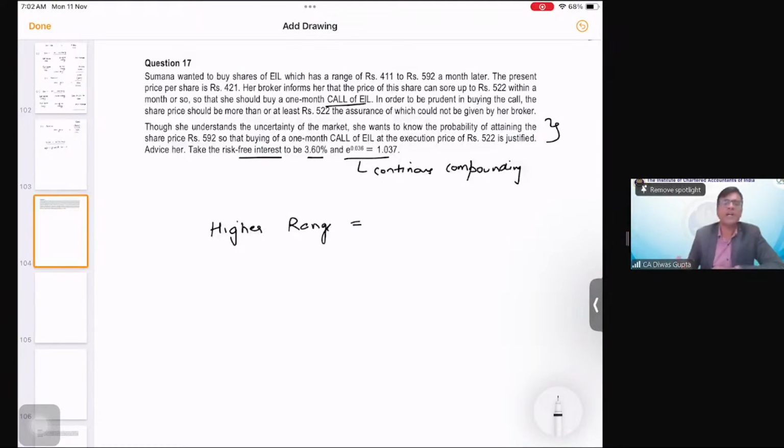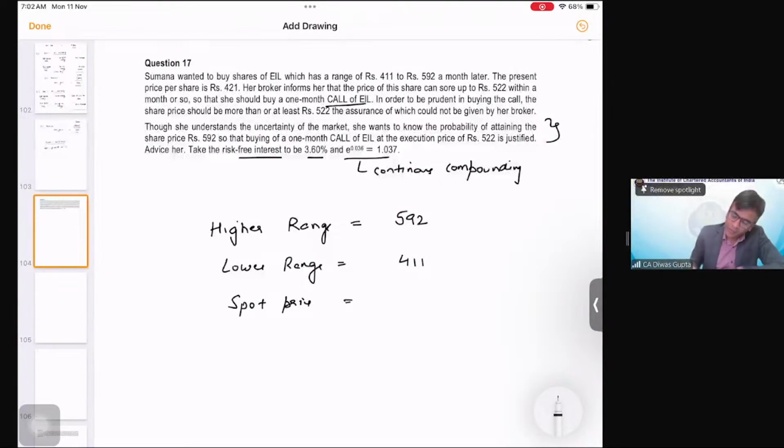Now, if we see, the question itself has specified a single range with a higher range of 592 and a lower range of 411. Now, the current spot price as on today is how much? 421.